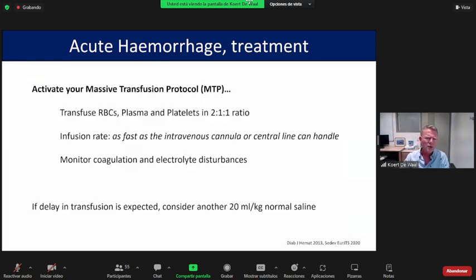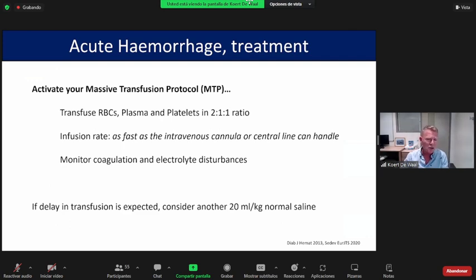But that means you need to activate your massive transfusion protocol, your MTP. And this is important. You have to review if your unit has one, if your blood bank and systems and logistics around it are up to date and not too complex, because that can be very challenging, particularly in remote areas and hospitals.